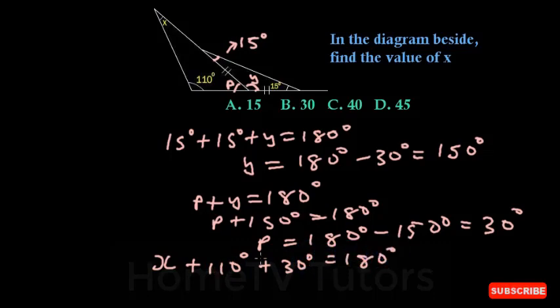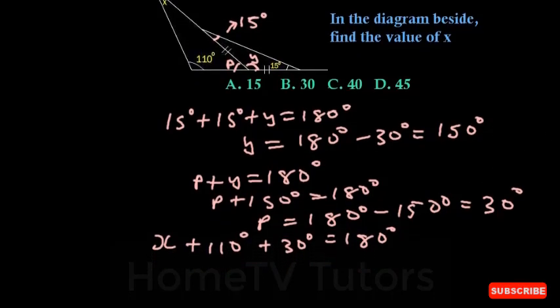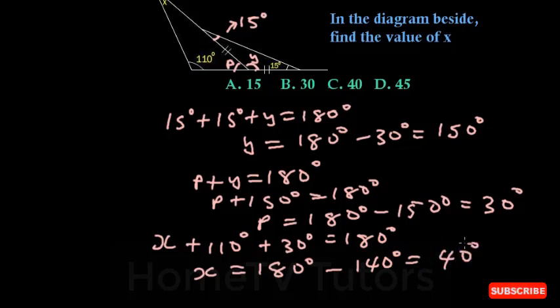Okay, so now we can find x. x is now equal to 180 degrees minus 110 plus 30, which is 140 degrees, and that equals 40 degrees, and that tallies with the answer option C. They are all in degrees, mind you.